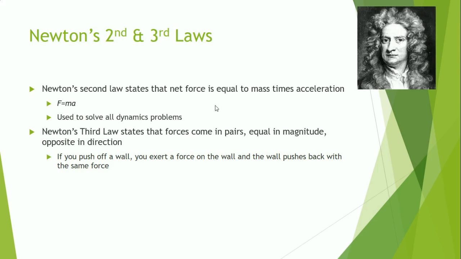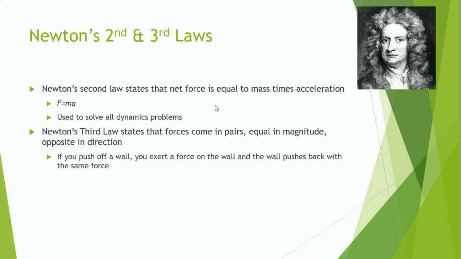But basically, if you push off a wall, you exert a force on the wall, and the wall pushes you. Let's say your hand is pushing the wall, so there's a force on your hand pushing back. So there's two forces, one on the wall and one on your hand. But they're equal, but they're opposite.